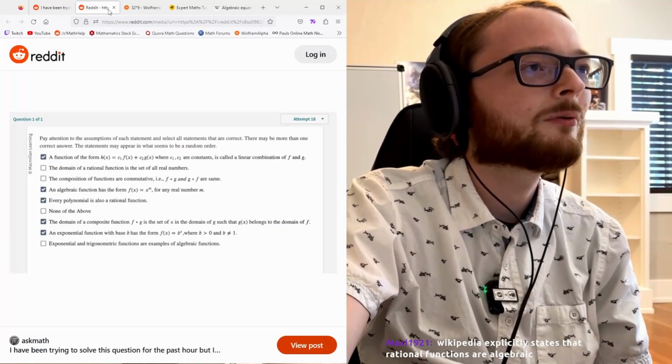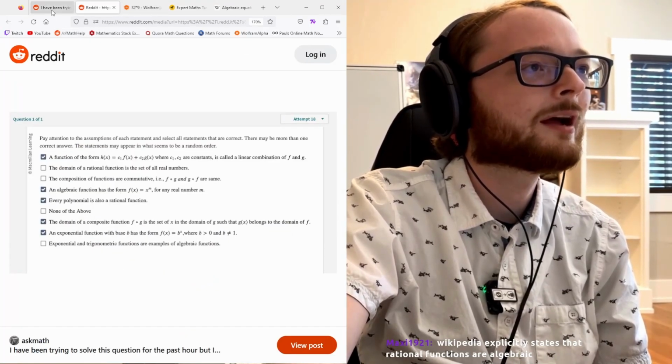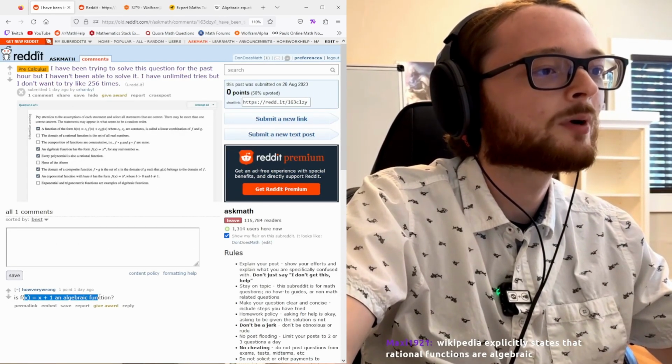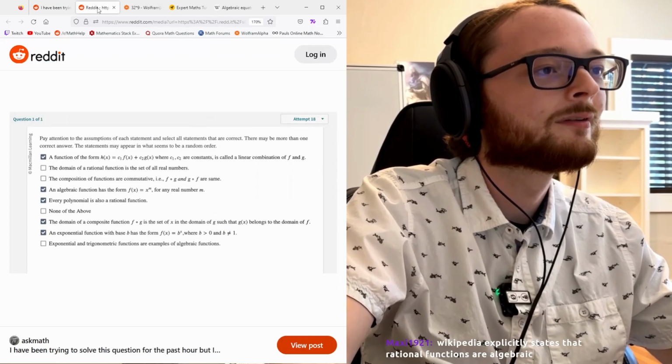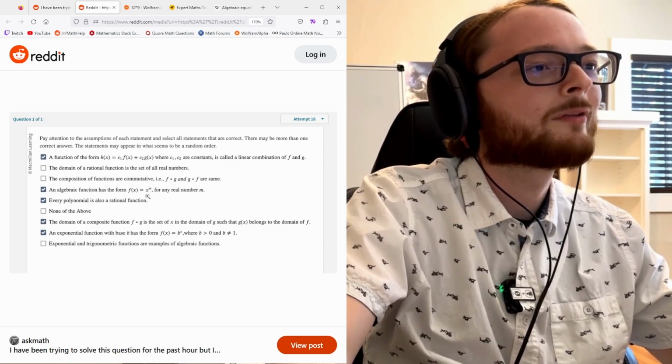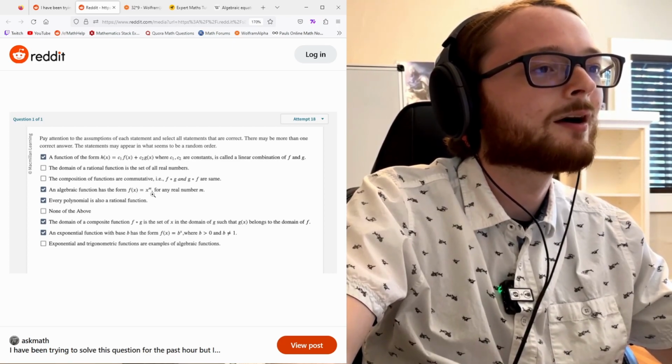Okay, so why isn't it okay? I was getting stuck on this because the commenter said, is f of x equal x plus 1 an algebraic function? Oh, because it's missing a plus, like a constant.